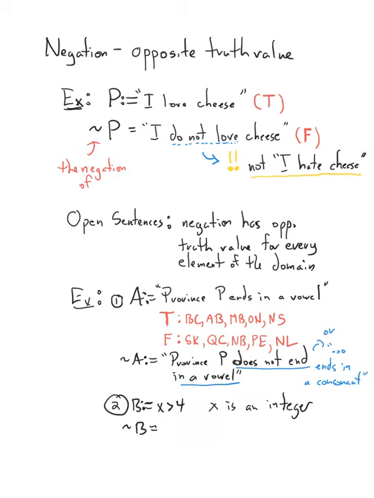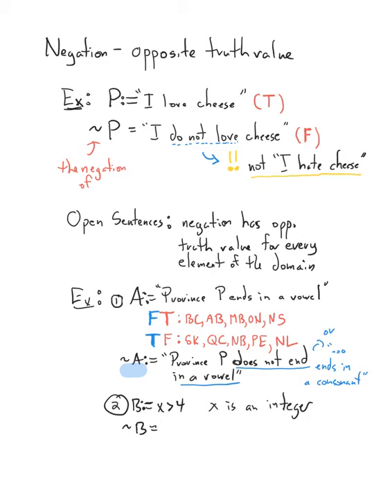So the negation, which I'll do in blue here, is true for those 5 provinces, and for the ones that do end in a vowel, the negation is false.